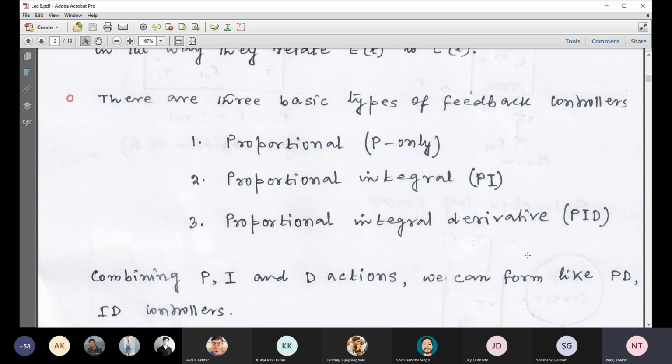Now in the first type, only proportional action is involved. In the second type, PI, proportional and integral, two actions are involved. In the third type, PID controller, three actions are involved: proportional, integral, derivative. Similarly, we can combine proportional and derivative actions, which can give us a PD controller. We can also include integral and derivative action, which can give us ID controllers. So these are also the options.